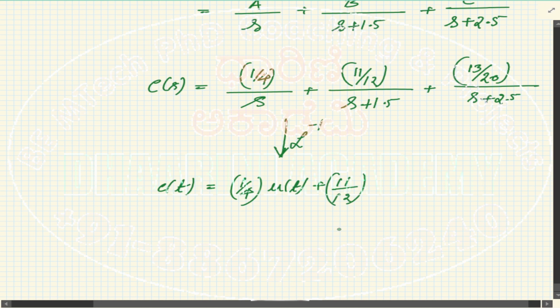What is the inverse Laplace of 1 over s plus 1.5? So this looks like 1 by s plus a, right? What's the inverse Laplace? Do you remember? Right.